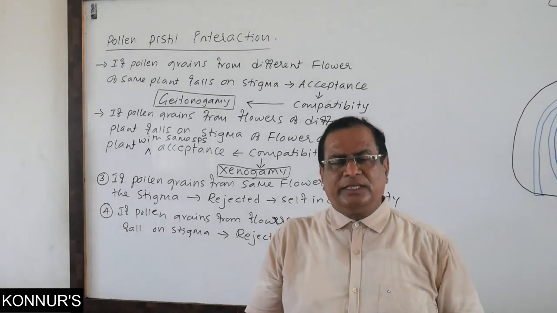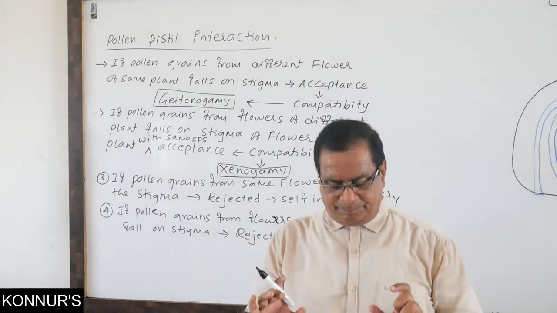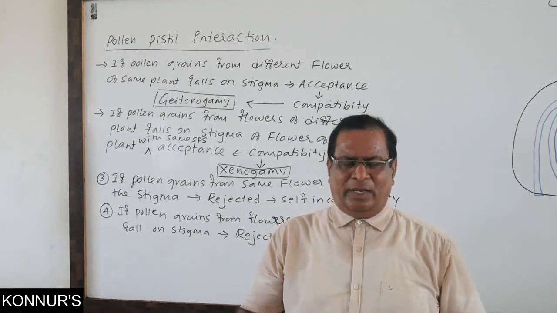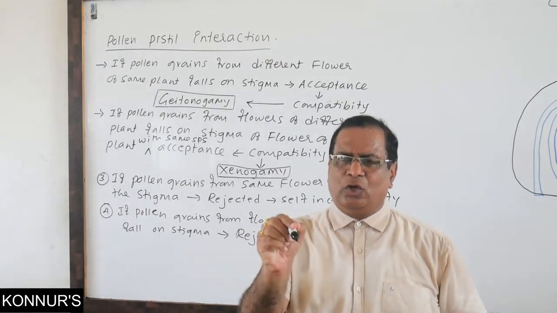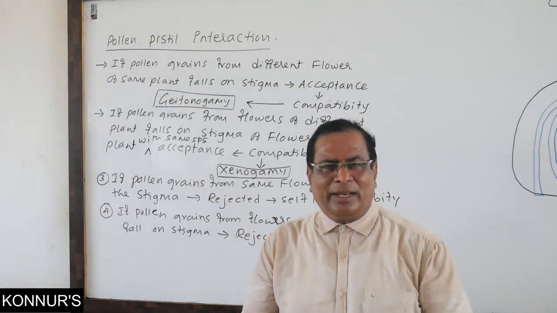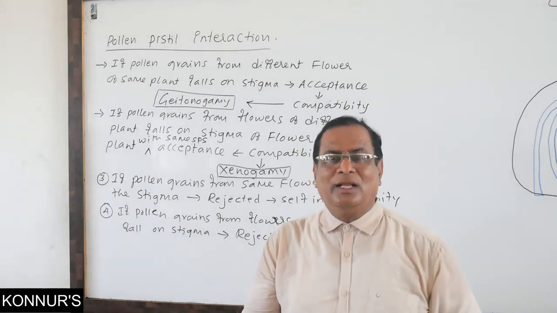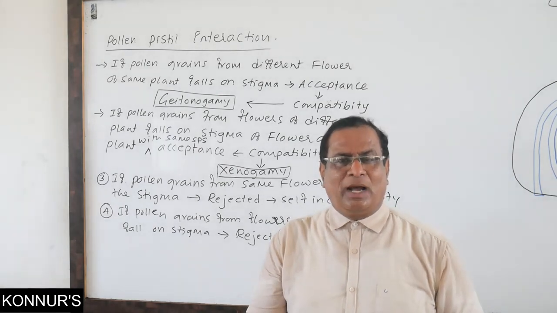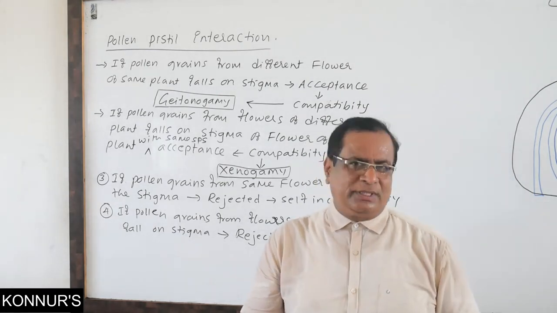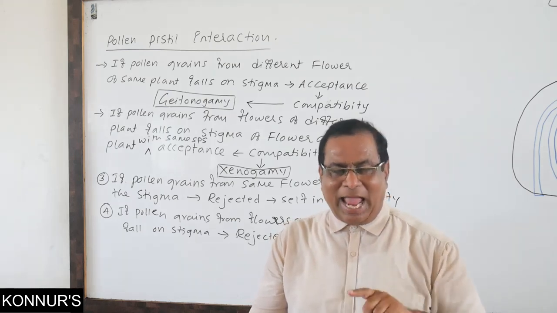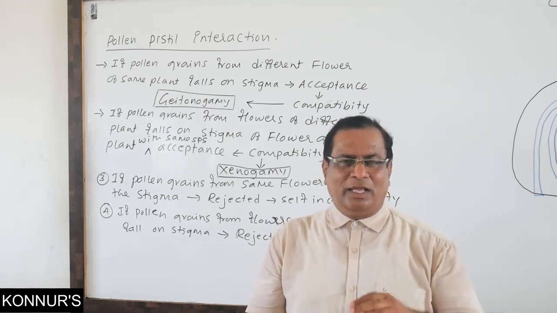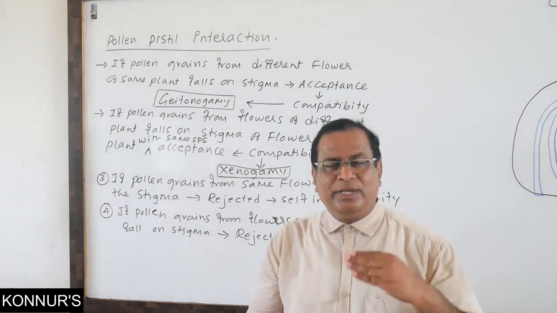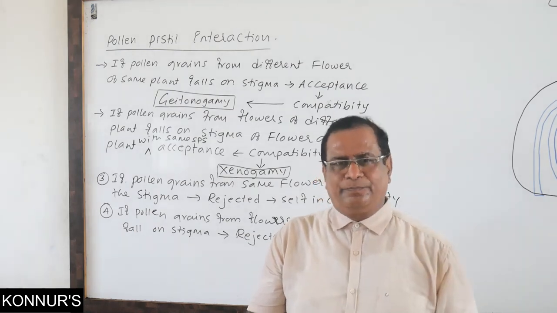Then how does the stigma reject and accept? Whenever the pollen grains fall on the stigma, it may accept or reject. How? That is by some sort of dialogue between the pollen grain and the stigma. They will have some interaction by dialogue.